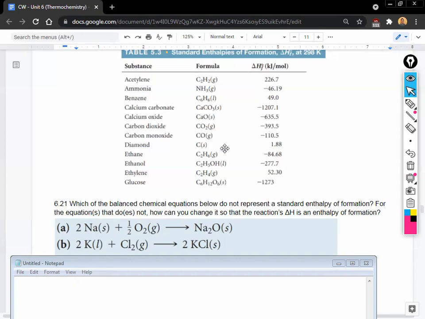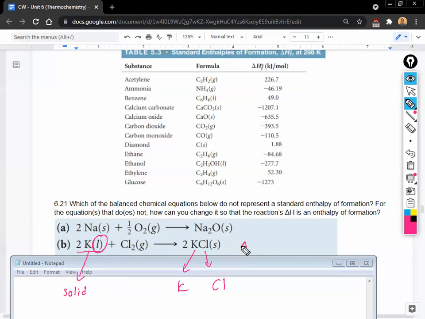Okay, so let's go over B. KCl is made out of potassium and chlorine. Let's see if the stuff on the left side represents the standard state. Potassium, is this in its most basic form? No. Why not? Because it's a liquid, not a solid. We said that metals have to be in solid form.